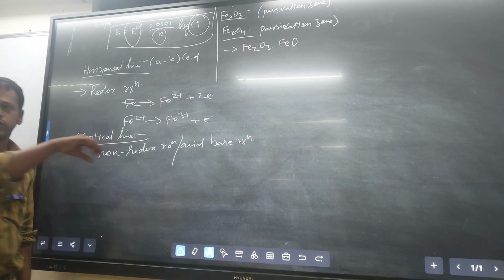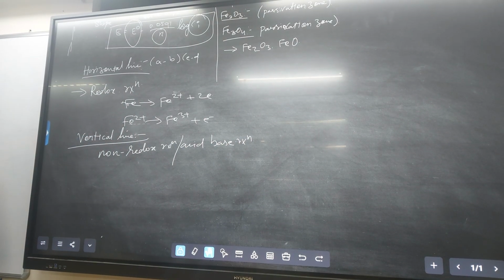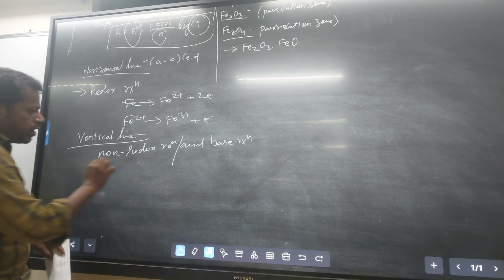That means H plus ion interaction or OH minus ion interaction is there, both involved from the water molecules.